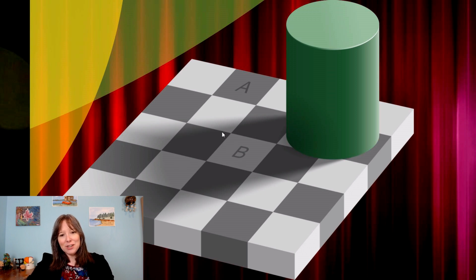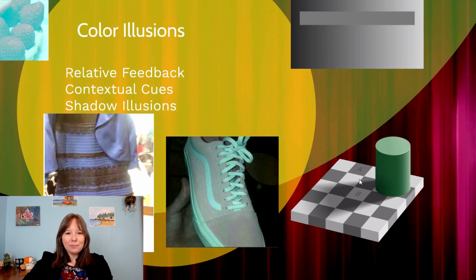B in the shadow is the same as A not in the shadow, if you will. And so this background is the exact same as this background. You can extract these and check them out for yourself. They are on the Wikipedia website that you can download and play around with for color illusions.